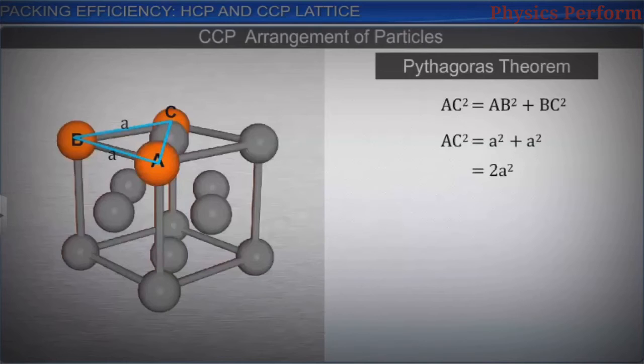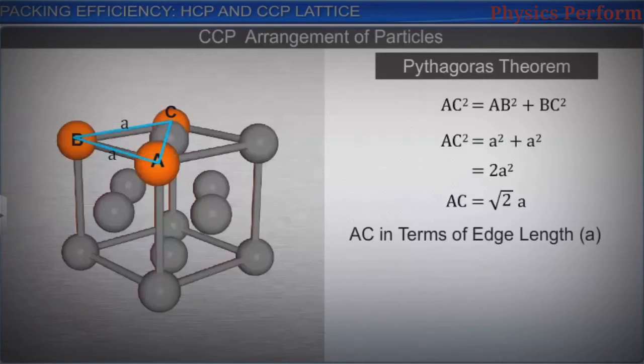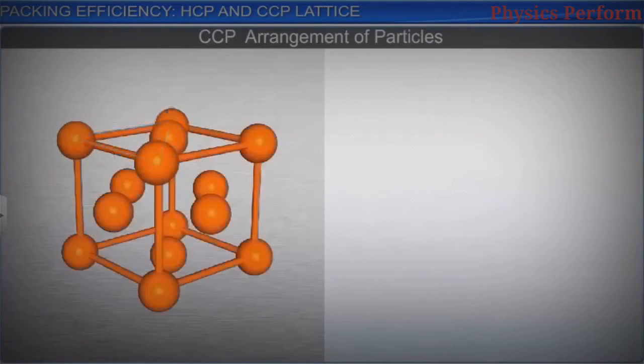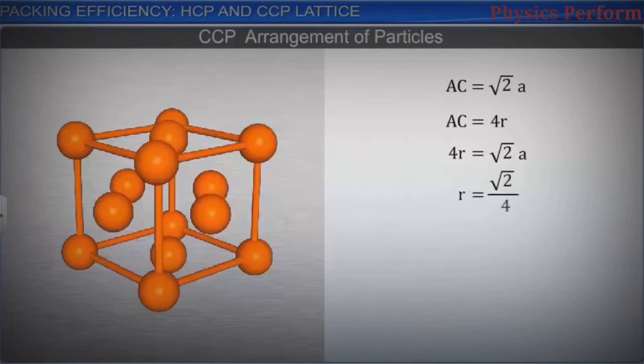Hence, AC is equal to root 2 a. However, face diagonal AC in terms of the radius is AC equal to 4r. Therefore, equating the two expressions for AC, we get 4r is equal to root 2 a. Hence, r is equal to root 2 upon 4 multiplied by a as given here.